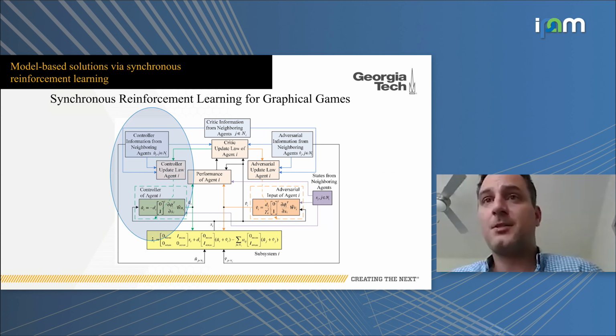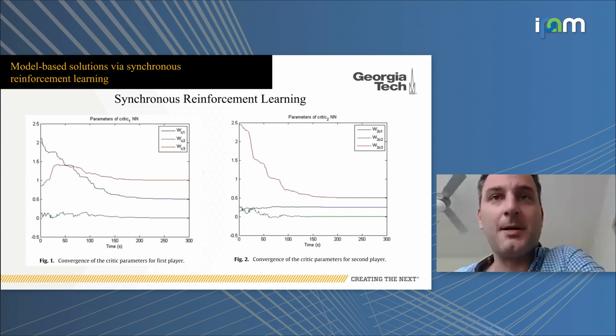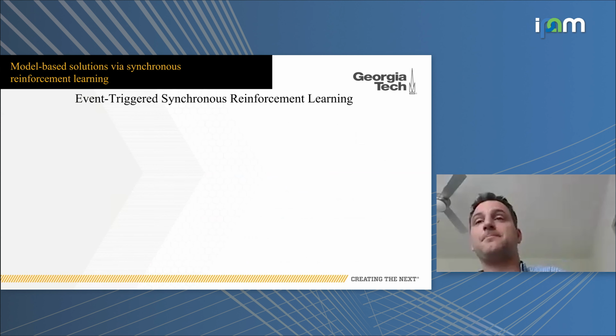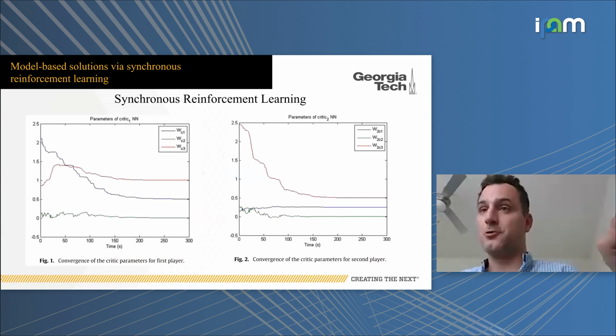Again, we were able to solve all these things and converge to the offline solution. So here are some plots. Don't worry about this too much because I haven't shown the offline version, but we converge to the offline solution.